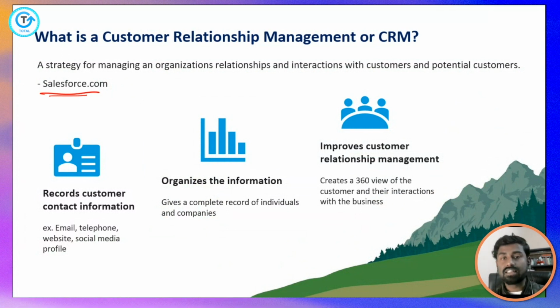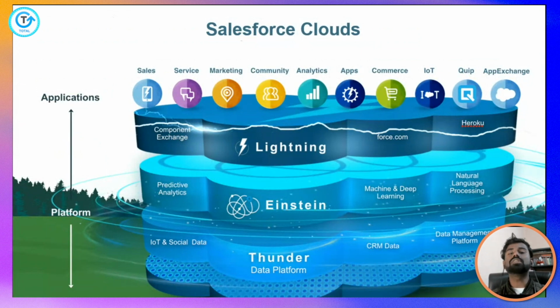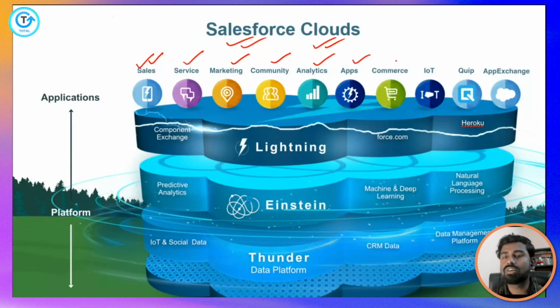But that is not limited to Salesforce alone now. This is a complete set of verticals that is divided into different parts. If you talk about the Salesforce cloud, there are verticals. You can see Sales, which started first, and now there is Service, Marketing, Community, Analytics, App, Commerce, IoT, and many others.